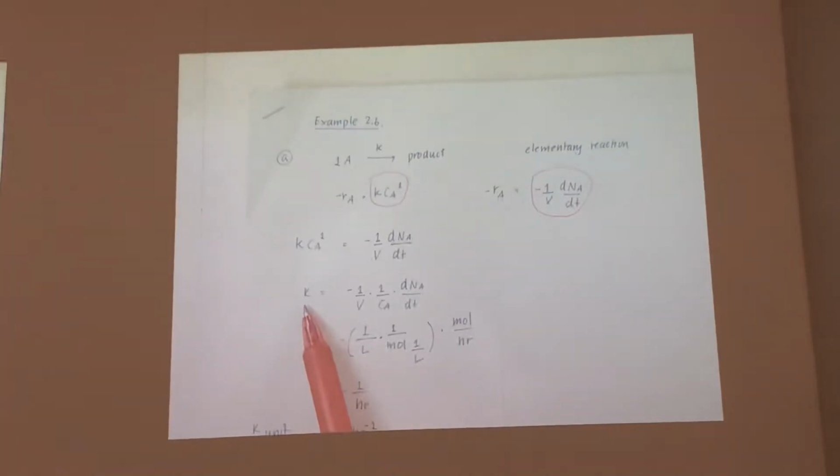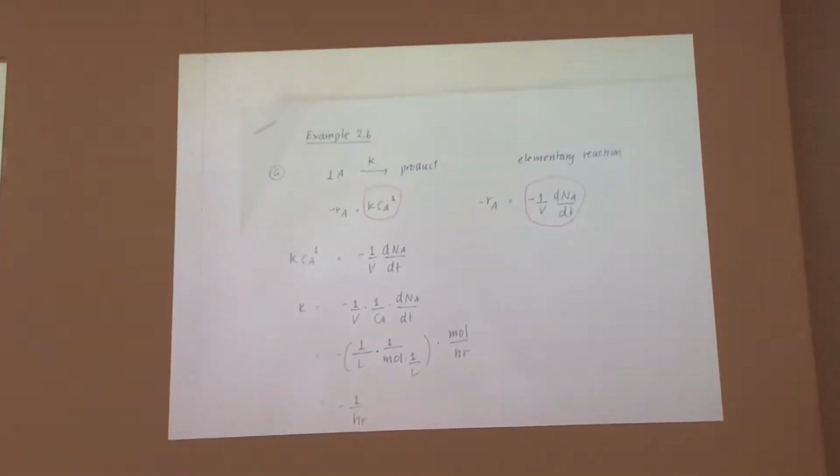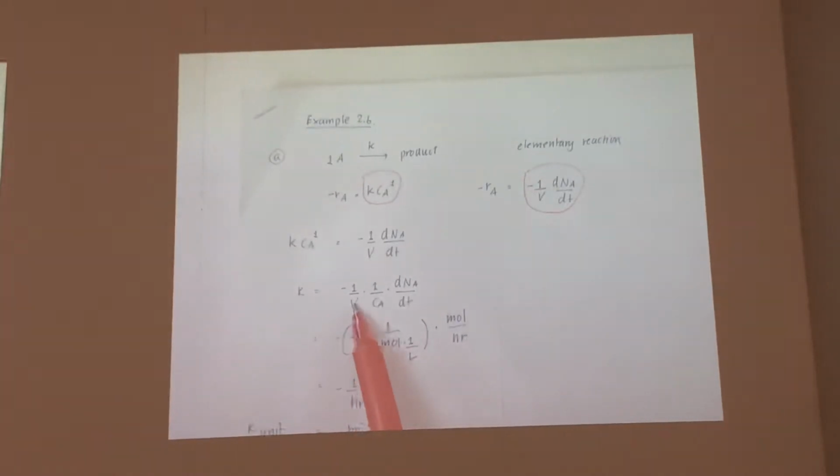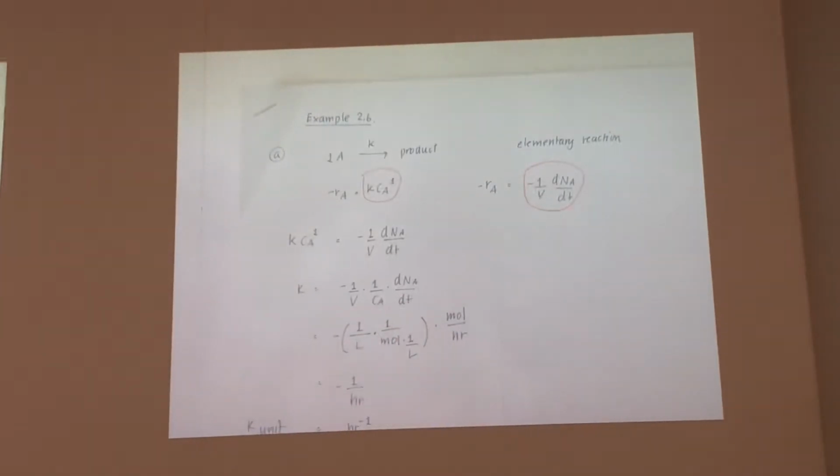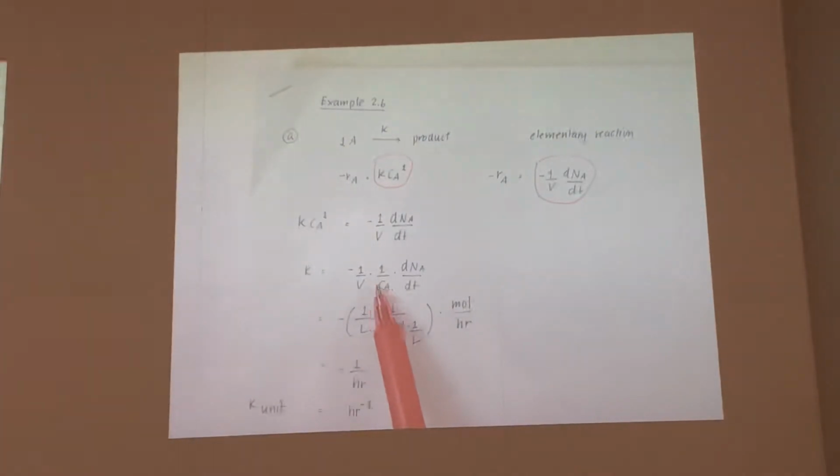This one, don't copy first. Later I will give you enough time to copy. This one is very important, and this is the most important part, because you have to look at the equation. The volume is 1 over liter. CA, the concentration, is mole per liter.